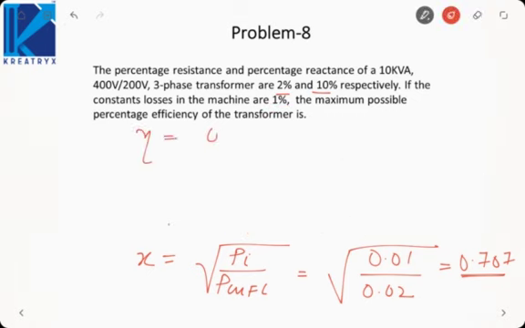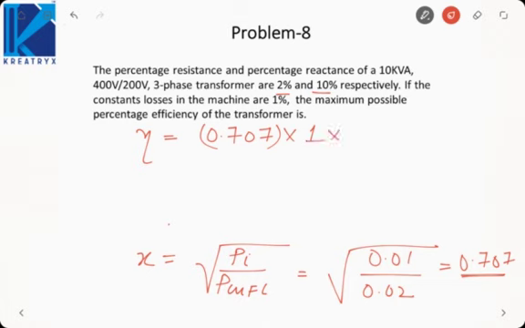Eta will be 0.707 x into kVA. So under per unit system, the kVA rating will be taken as 1 per unit, because when we convert to per unit, we divide it by the rated value. So rated value upon rated value will give you 1 into power factor.